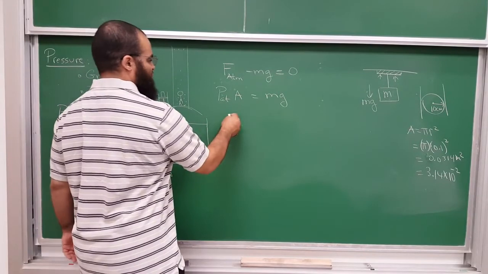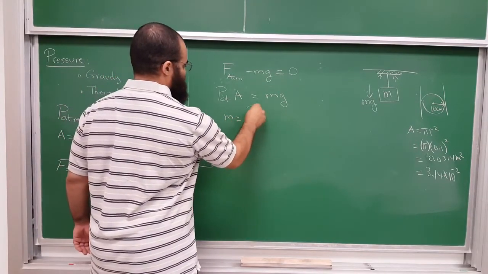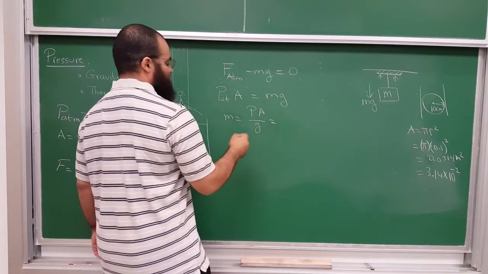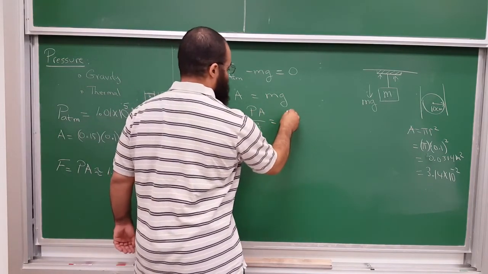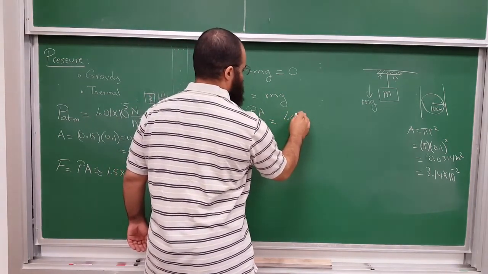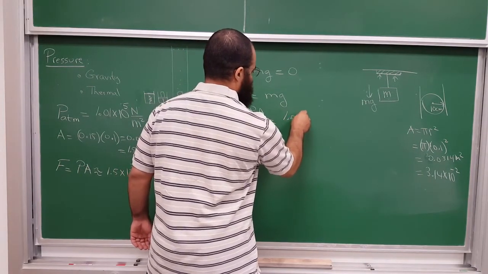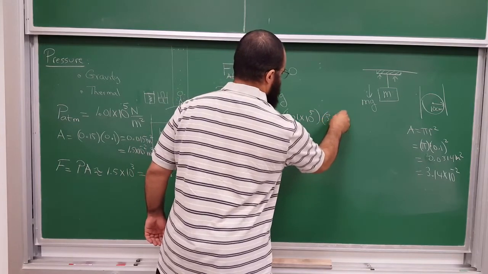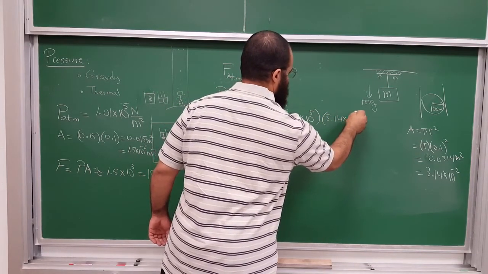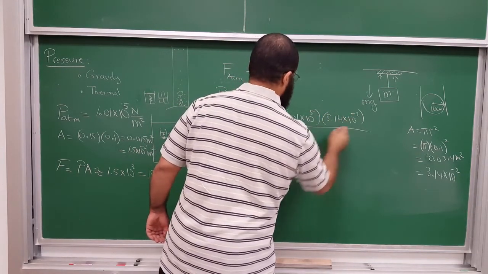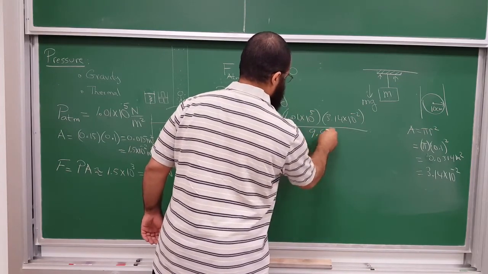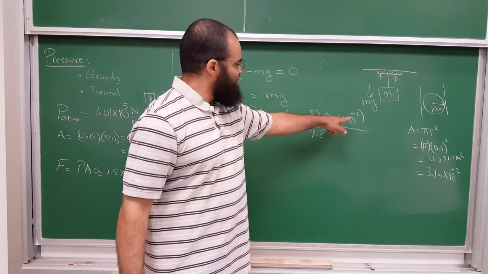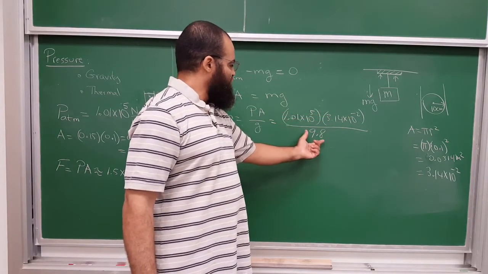And so the mass, therefore, would be the pressure times the area divided by gravity. The pressure is atmospheric, so it's 1.01 times 10 to the 5th times the area, which is 3.14 times 10 to the minus 2, divided by gravity, which is about 9.8. And so 10 to the 5th times 10 to the minus 2 is 10 to the 3rd.